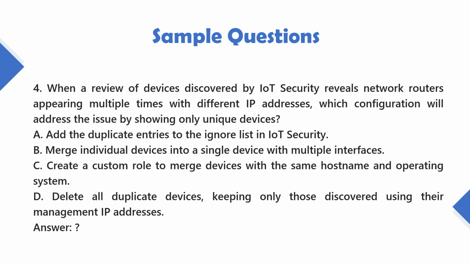B. Merge individual devices into a single device with multiple interfaces. C. Create a custom role to merge devices with the same host name and operating system. D. Delete all duplicate devices, keeping only those discovered using their management IP addresses.